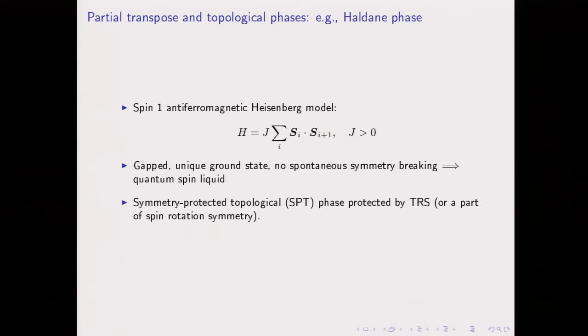But you cannot do this in the presence of some symmetry. For example, if you impose time reversal symmetry, the Haldane phase is sharply separated from the trivial product state, in the sense that there's no adiabatic path connecting the Haldane phase and the product state.